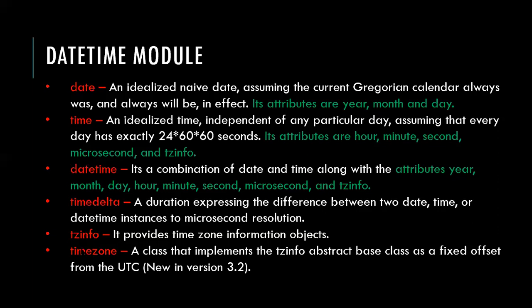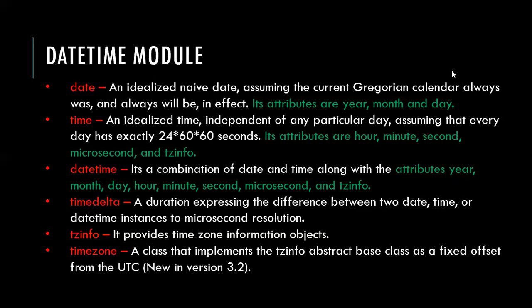In fact, the last three classes are defined only to provide services for the first three classes: date, time, and datetime. So there is not much importance for these classes. Only in some scenarios, if we want some specific functionality, then we'll go for that.